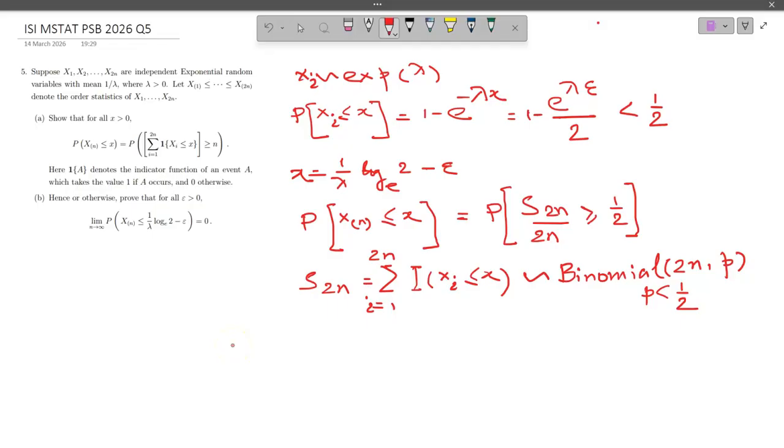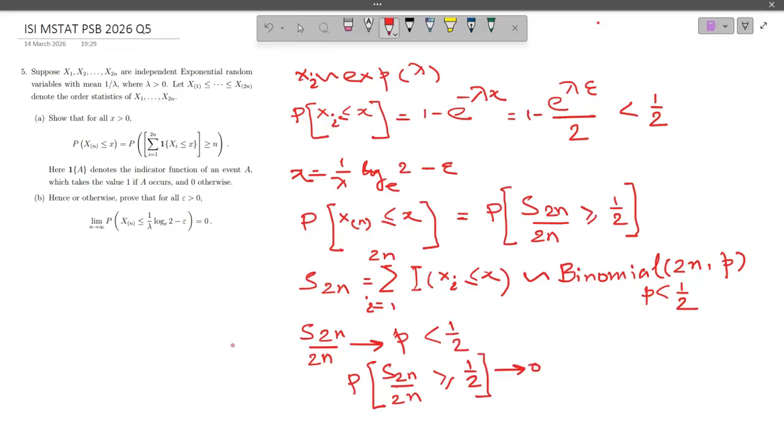Now, by the weak law of large numbers, S2n/2n, which is the average of the indicator variables, goes to p, which is less than half. So for sufficiently large n, the probability that S2n/2n ≥ half goes to 0.